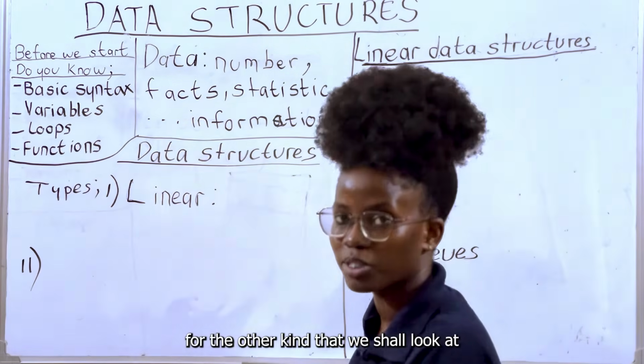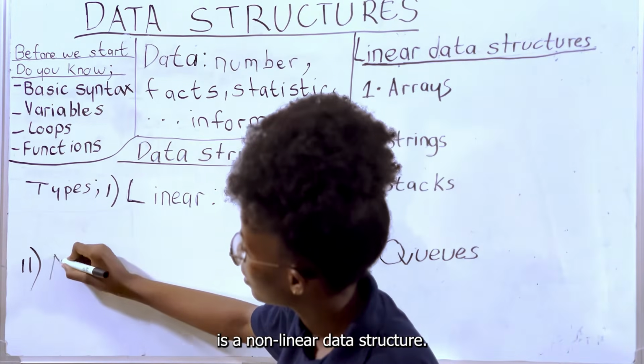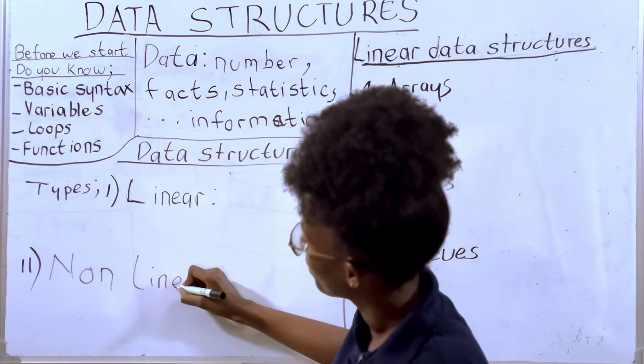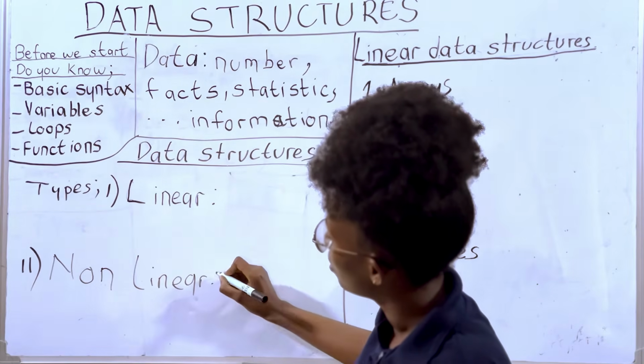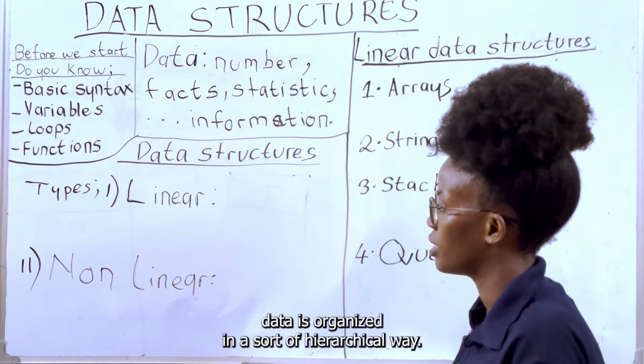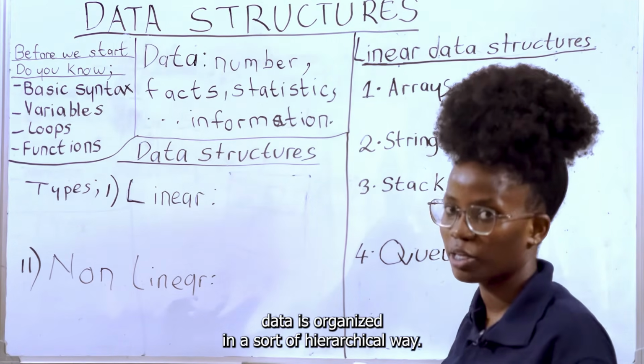The other kind that we shall look at is a non-linear data structure. With this one, data is organized in a sort of hierarchical way.